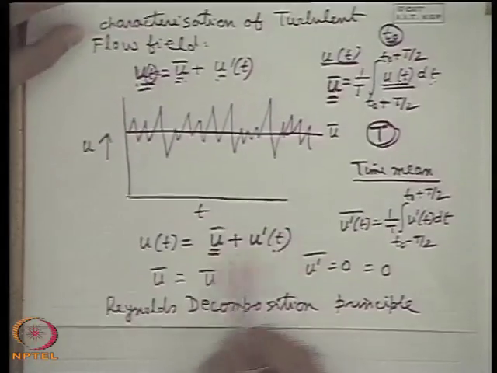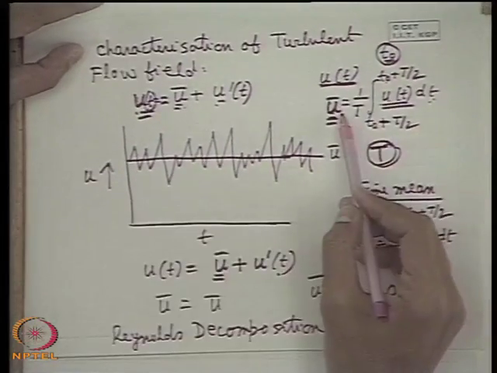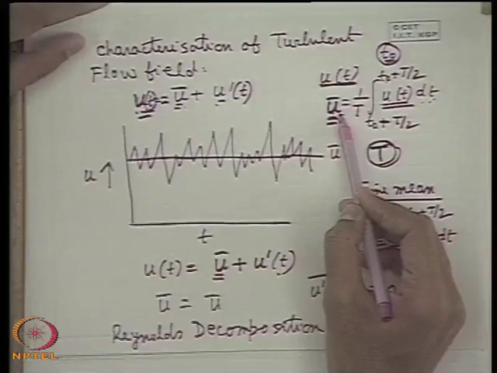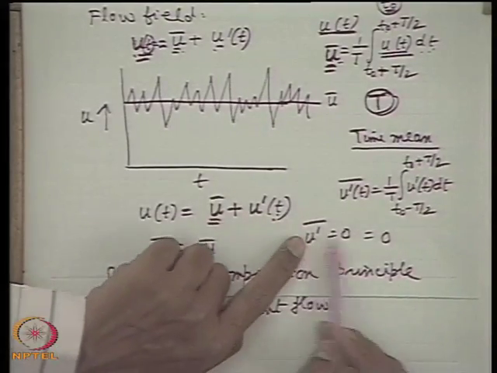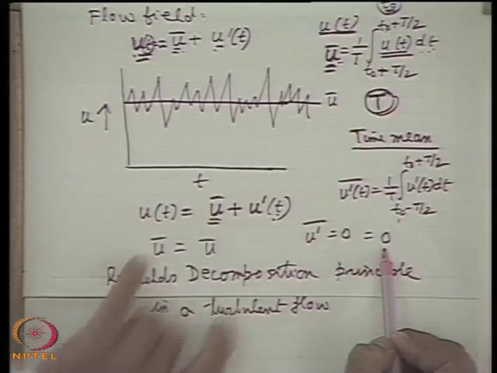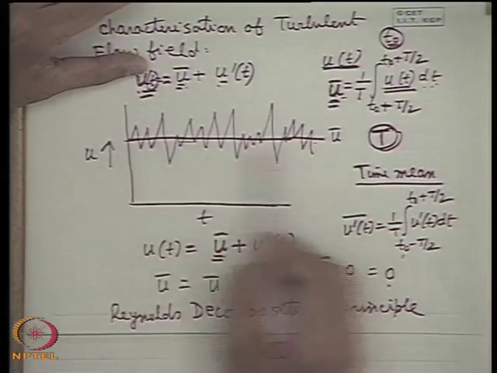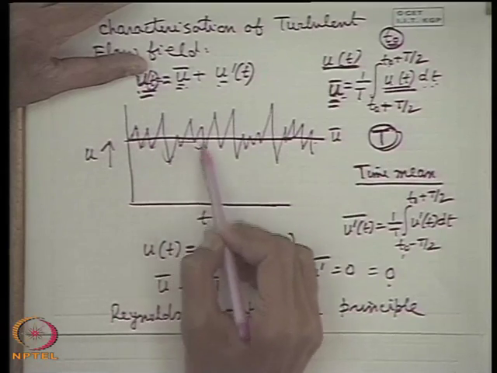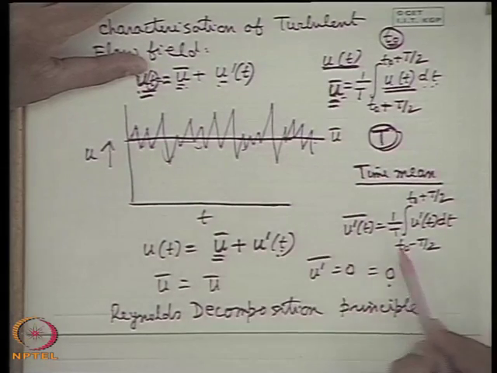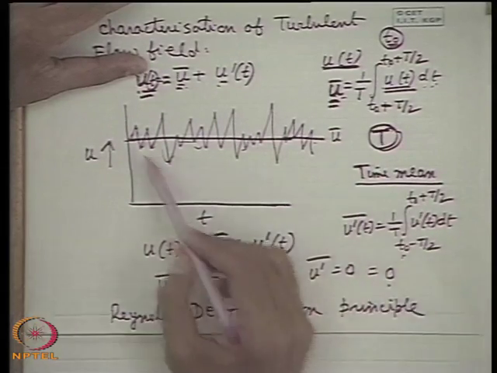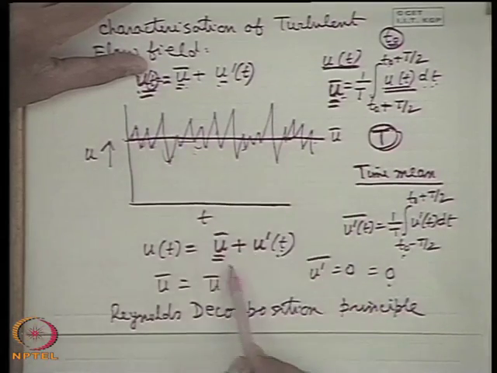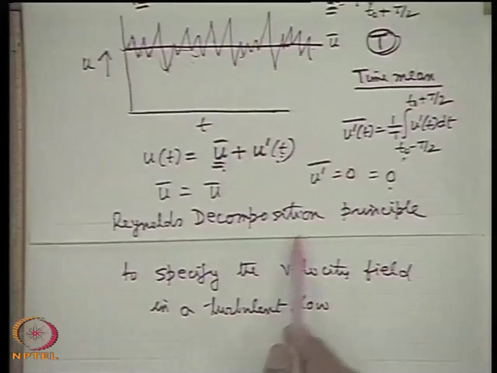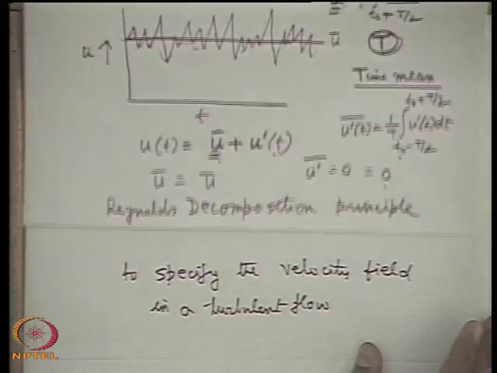This is because the fluctuation is such that the mean can be defined, irrespective of time, by a mean quantity and the fluctuating quantity, so that the mean of the fluctuating quantity is 0. That means a fluctuating velocity is superimposed on a mean value, so that the mean of this fluctuating quantity over a time period t, which includes many fluctuations, is ultimately 0, so that it can define a mean value. So, this is the Reynolds decomposition principle to specify the flow field.